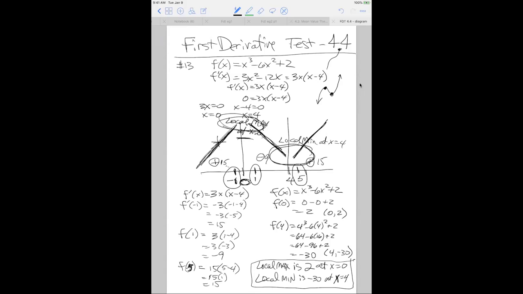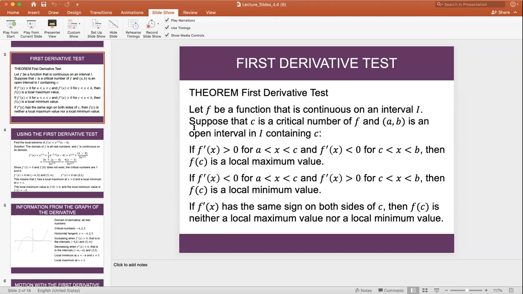And now I would like to read to you the wording of the first derivative test.